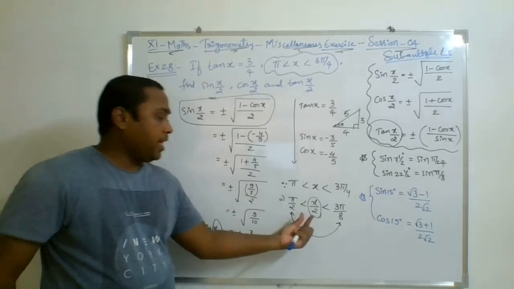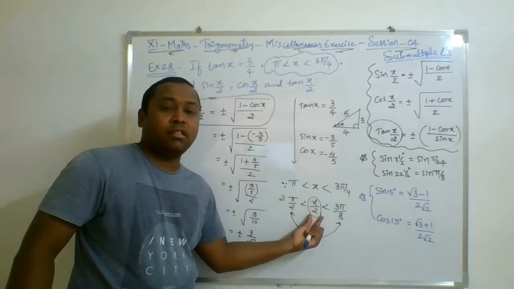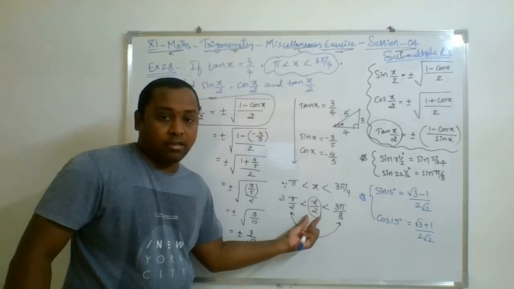Okay, so this x by 2 angle lies in the second quadrant.